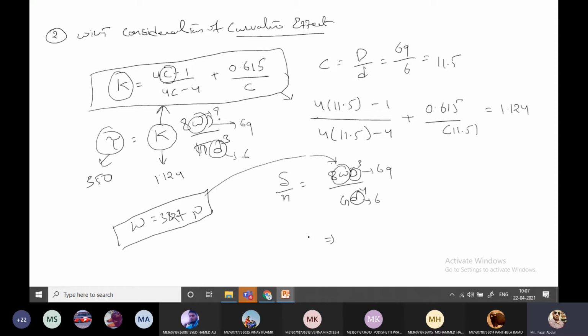Now tell me the deflection per ton. So 8 into 382.7 into D cube, 69 cube, by G value. How much? 9.23. Very good. Roll number 6 gave 9.23.